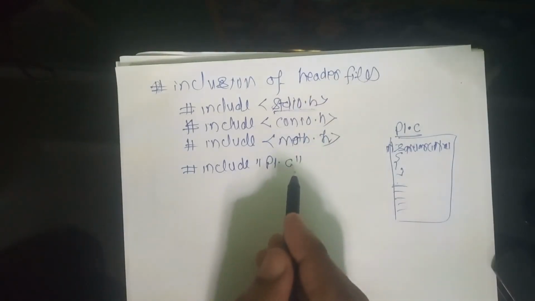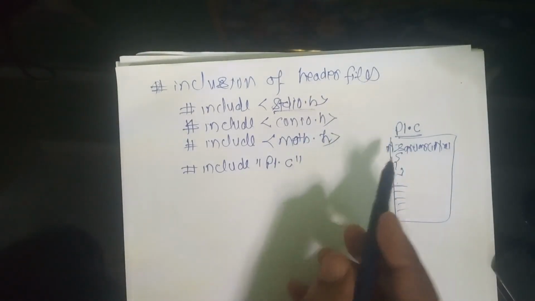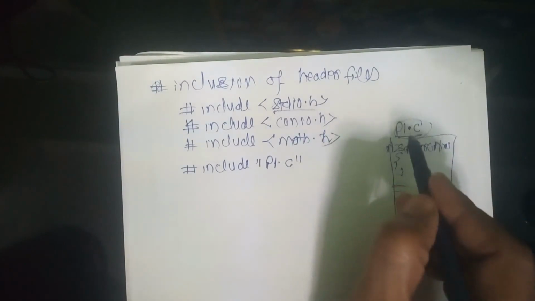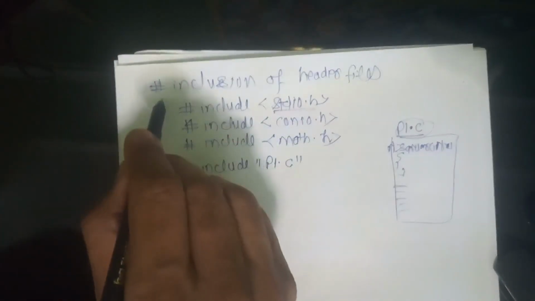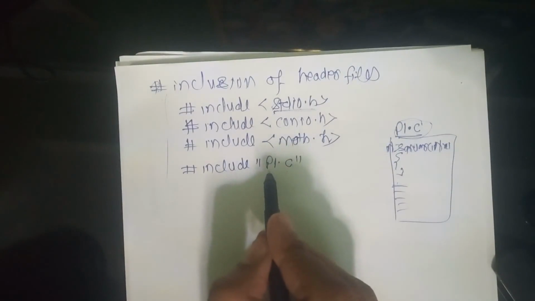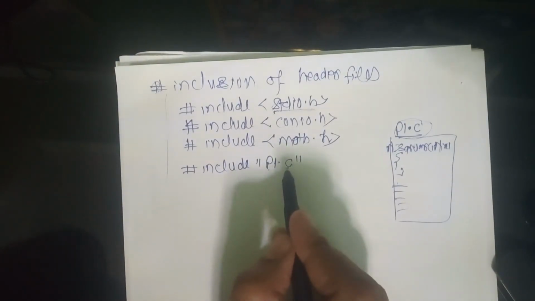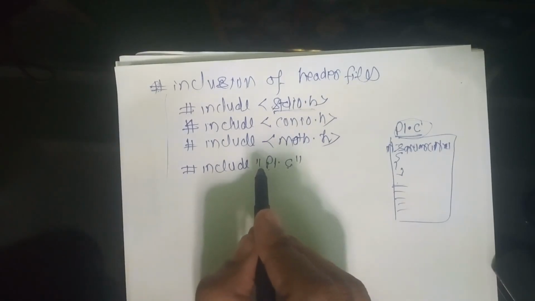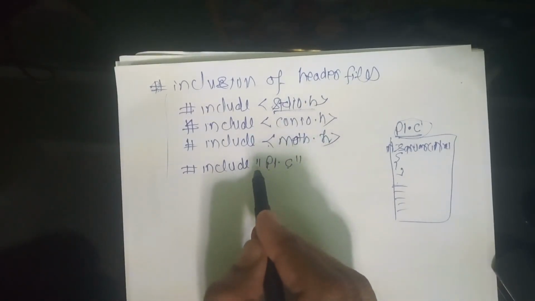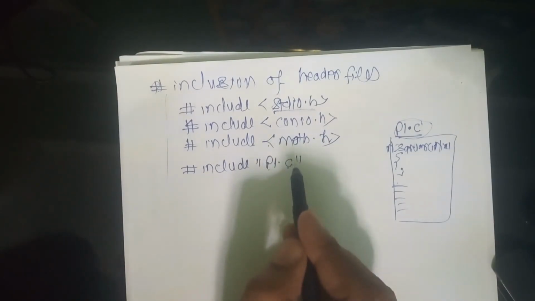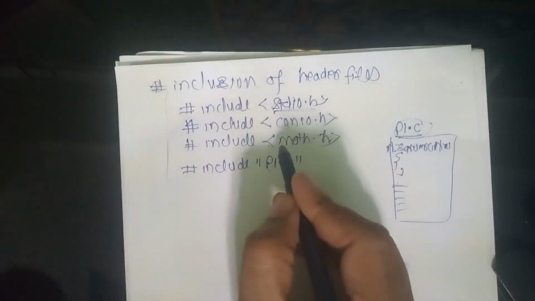Here we have to keep in mind two things. One is that if this file is stored in the current directory, where the program that you are writing is stored, then you can just write the file name. What is the difference between including a file with less than, greater than, or with double quotes?